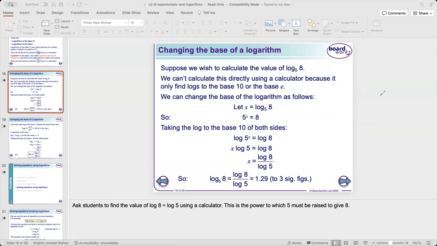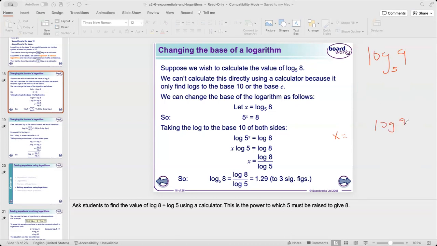So you can try something like this. Just do log base 5 of 9. Try and do that one. It should be arriving at x equals log 9 divided by log 5.